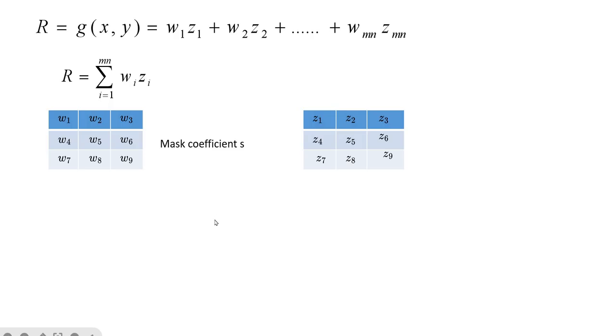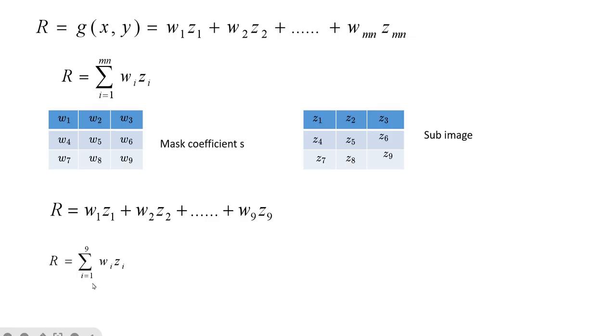So we get r is equal to w1 z1 plus w2 z2 and so on up to w9 z9. In general, we can write this as r is equal to summation i is equal to 1 to 9 of wi zi.